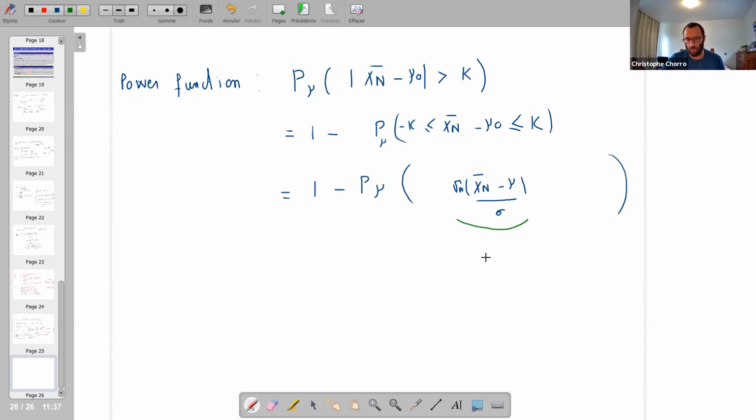Because here you have the N(0,1) when I have mu, the parameter of interest, and less than what I have here, it is just k plus mu 0.